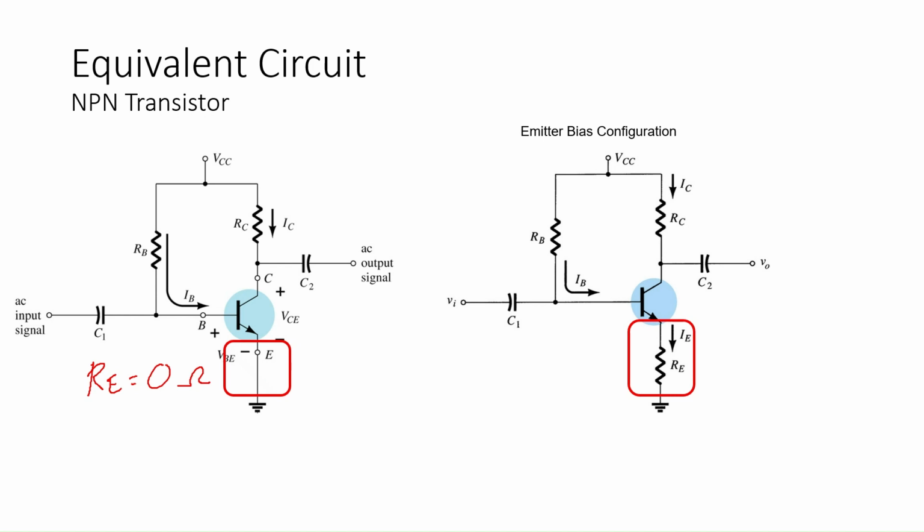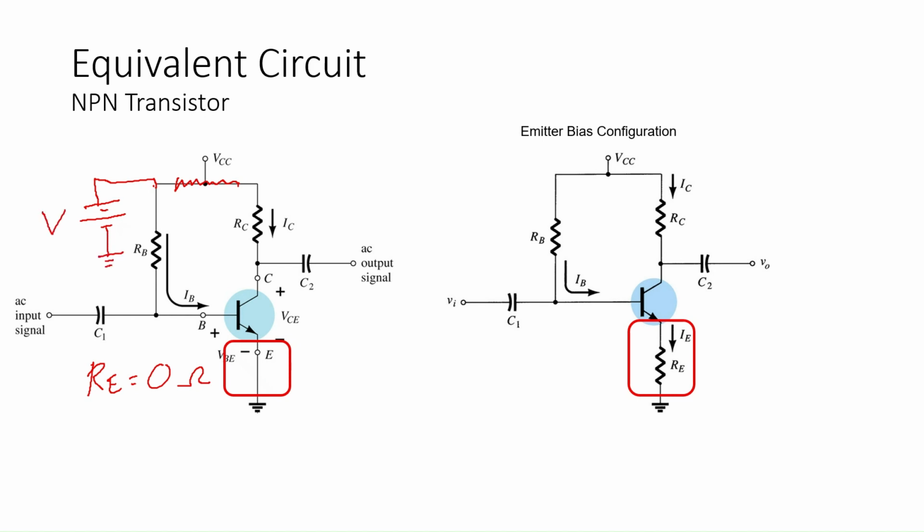Before you proceed, let me explain the equivalent circuits. Same as emitter bias configuration, you can split VCC into two sources, one connected to the RB. Here is the positive terminal, and the negative terminal connects to the ground.